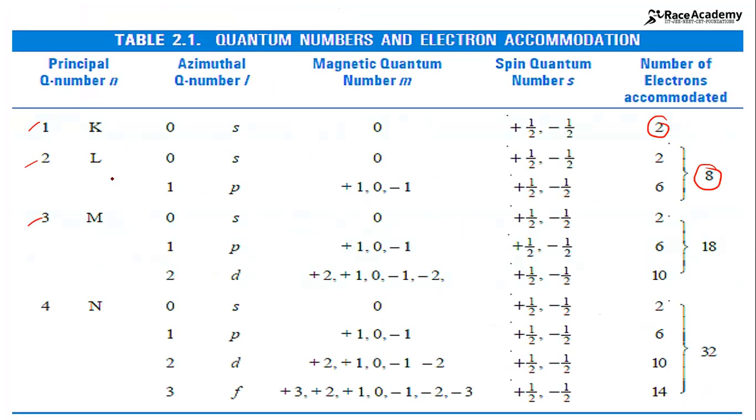If you take the third orbit, the total is 18, and s, p, d will come, with spin quantum number values always plus for a clockwise electron and minus for an anti-clockwise electron. If you take the fourth orbit, the maximum number is 32. So this is the most important tabular form for all the quantum numbers.